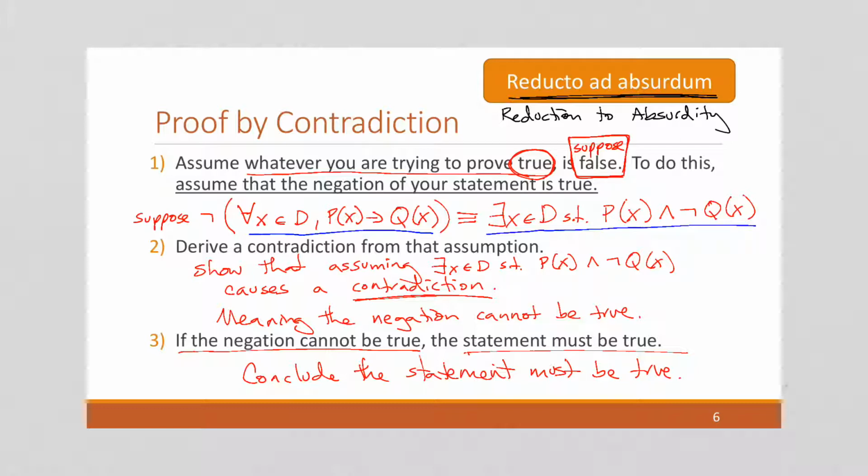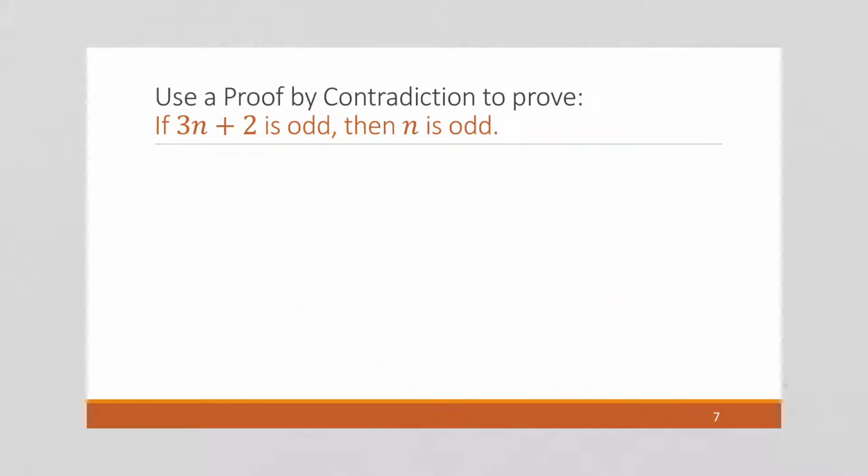So let's see a numerical example of this. We've seen a couple of these examples with the Knights and Knaves. Let's look at a numerical example here. So we want to use a proof by contradiction to prove that if 3n plus 2 is odd, then n is odd.